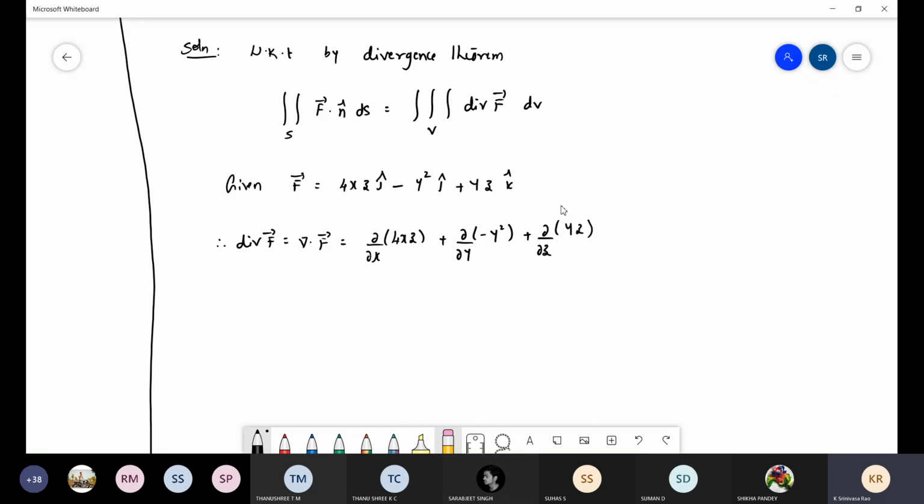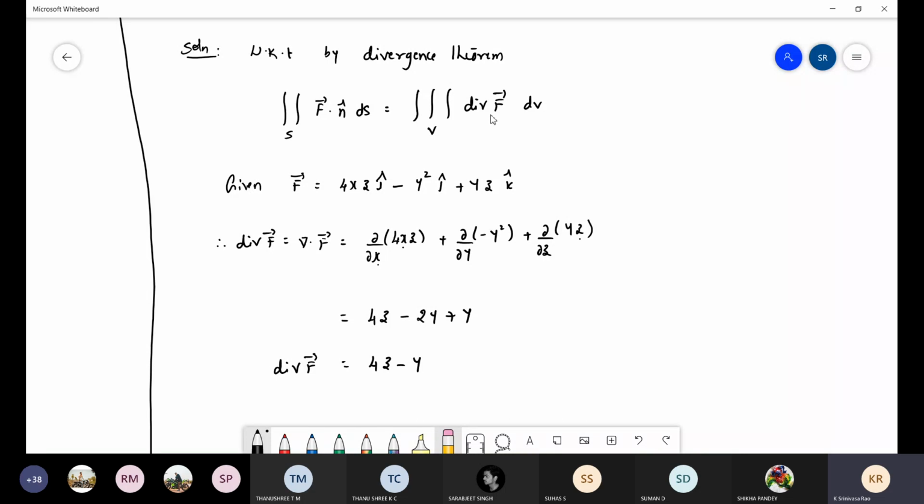What is the answer? 4z minus 2y plus y. With respect to z, keep y as it is. The final answer is 4z minus y. Now you can substitute this in the RHS.